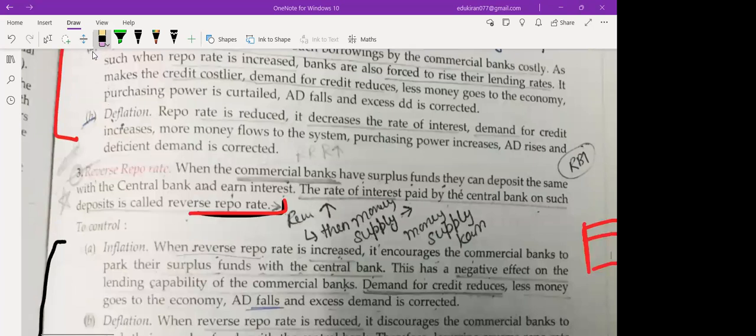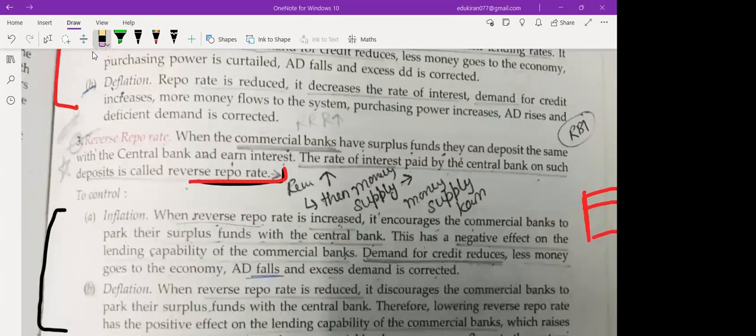Now, what is the reverse repo rate? Reverse repo rate refers to the rate at which the central bank accepts deposits from the commercial banks.